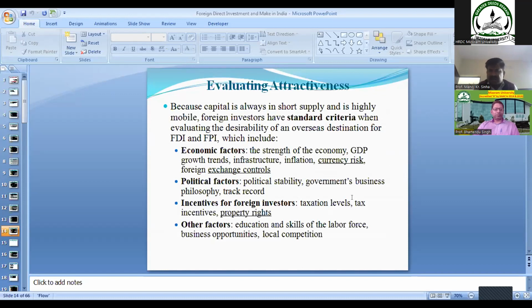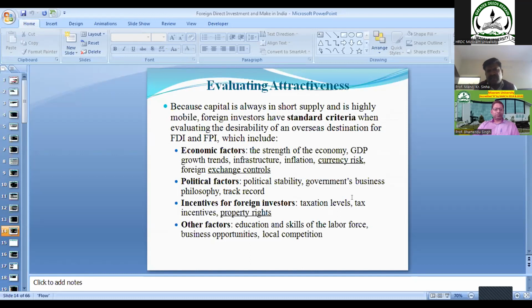Political factors include political stability, consistency of policy, foreign policy or investment policy followed by the government, government business philosophy, and track record. We have a liberalized policy, and we have consistently increased our degree of openness. So we have a political track record of consistently following a liberalized, investor-friendly investment policy.